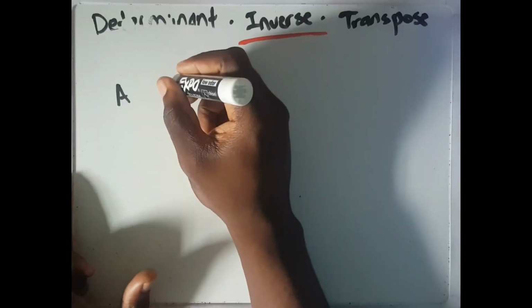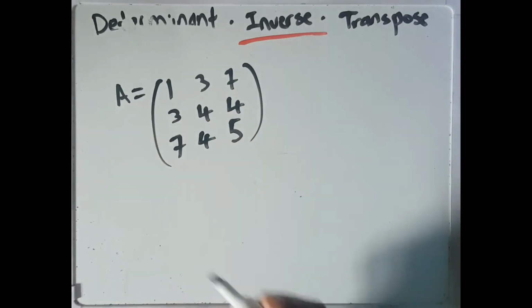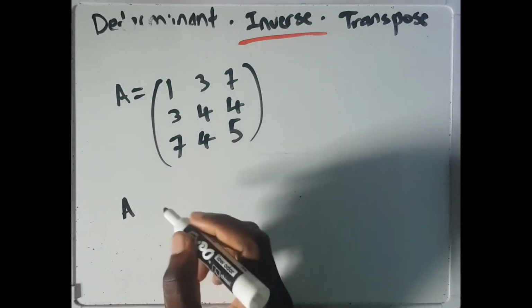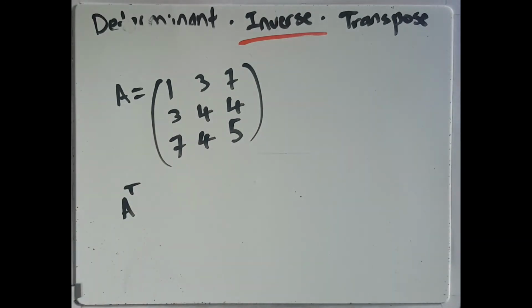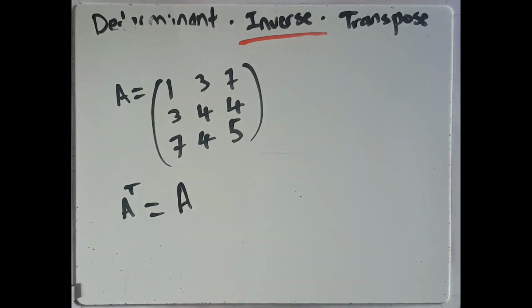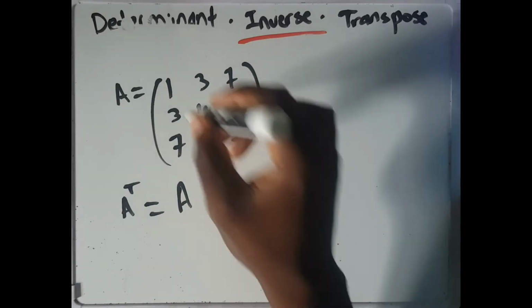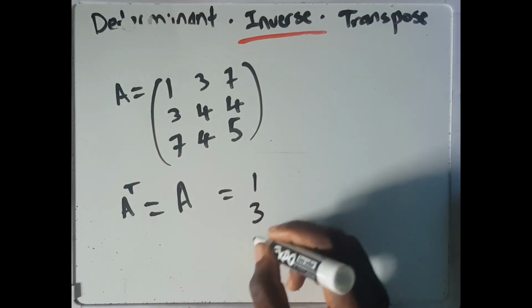So let's make a symmetric matrix and transpose it for the last example. A matrix would be symmetric if this happens. If I transpose this matrix, watch what happens. The transpose of this matrix would be the same. A would be equal to the transpose of the matrix. So it's symmetric. I'm rewriting this row as a column, so I'd have 1, 3, 7.